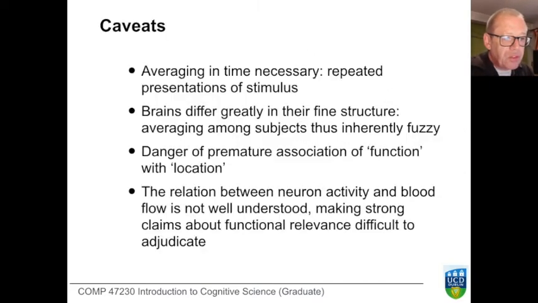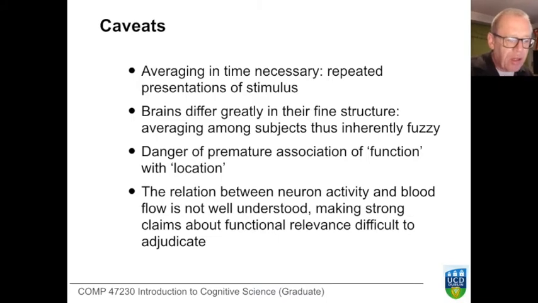So, some caveats are necessary because these kinds of images have been often gravely misunderstood. The first thing to notice is that the nature of fMRI investigation requires a great deal of averaging. That is, we do something and we do it again and we do it again and we do it again.